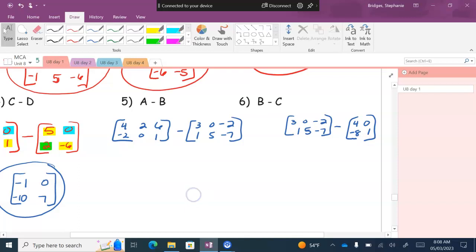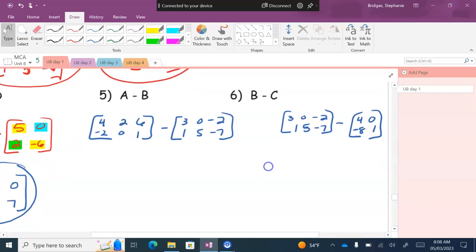Working on 5 and 6, doing A minus B and then B minus C. Remember, if they are not the same size, it cannot be done, and so you just put not possible.